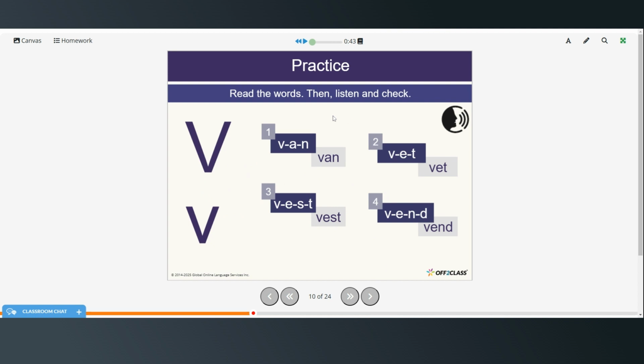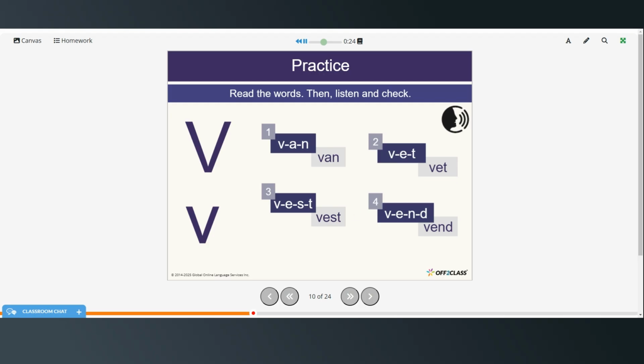Now practice sounding out these words on your own, and then when you're ready, listen to check. V, a, n. Van. V, e, t.